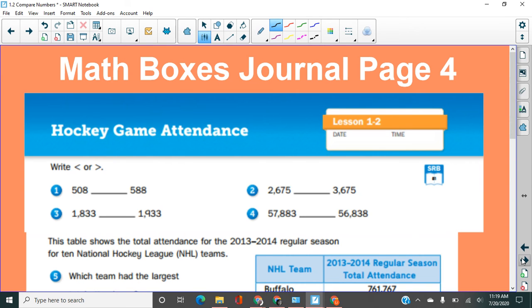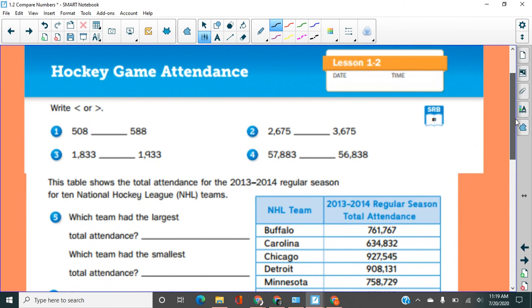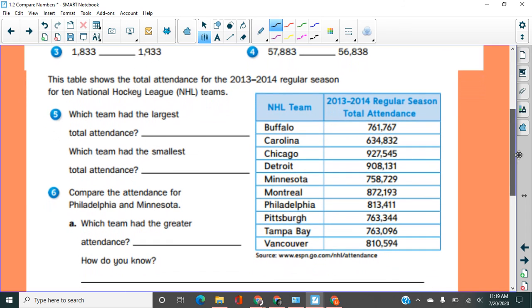What are you going to work on? You're going to work on this math journal page. It's not math boxes. It's just math journal page number 4. Same thing that we were doing up here at the top, greater than or less than, making the mouth eat the larger number. And then when you get down into this section, you're going to use this table, a multiple meaning word, not like your kitchen table, with this data about the attendance.